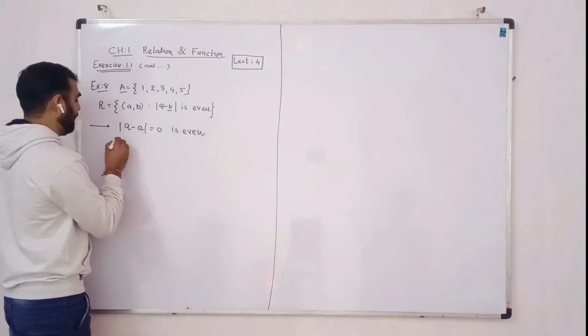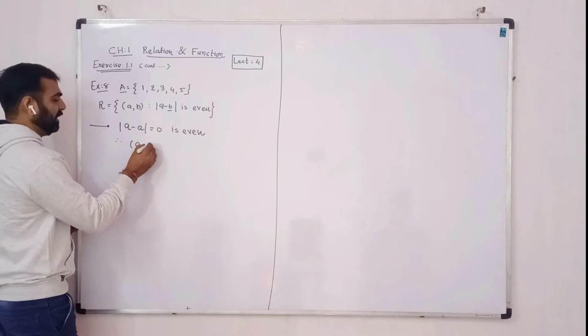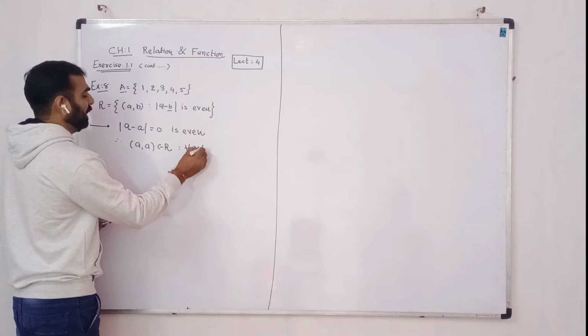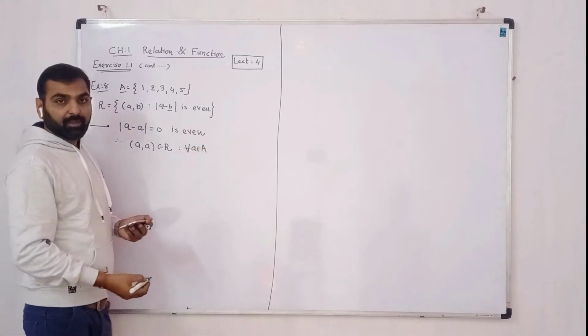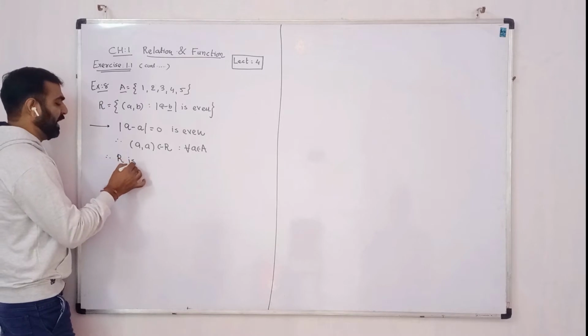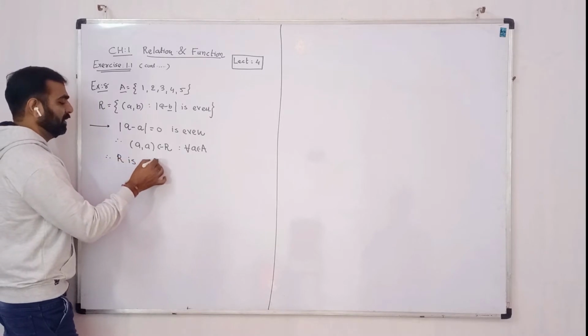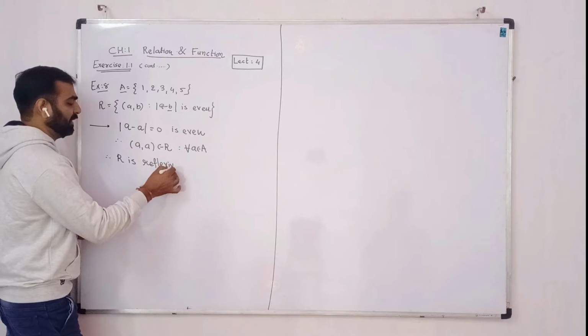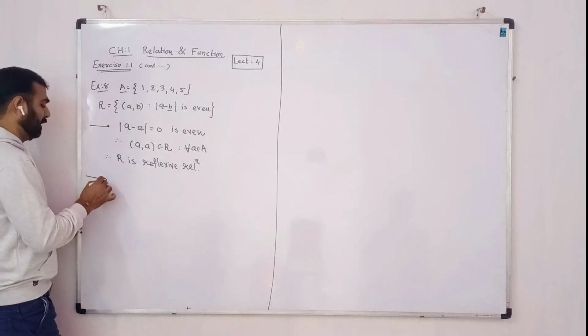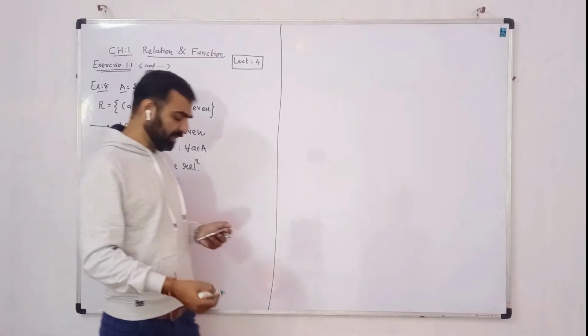So we can say that (a, a) belongs to R for every a belonging to capital A. So R is a reflexive relation.